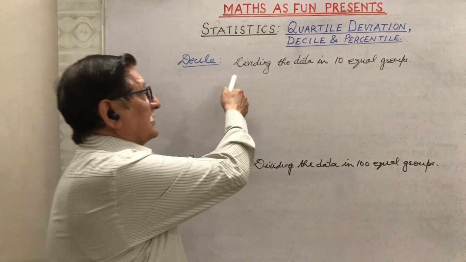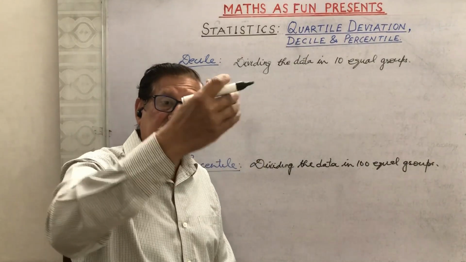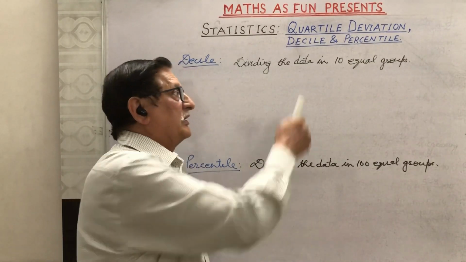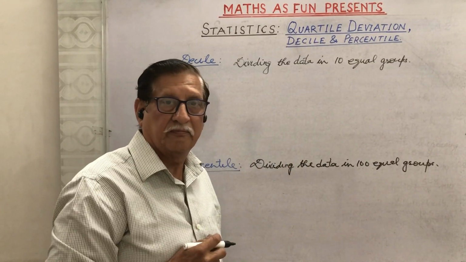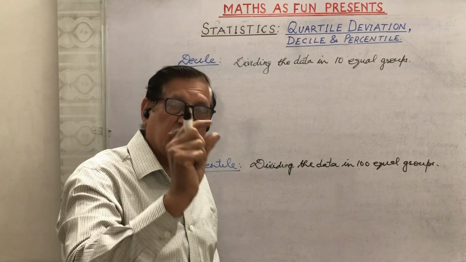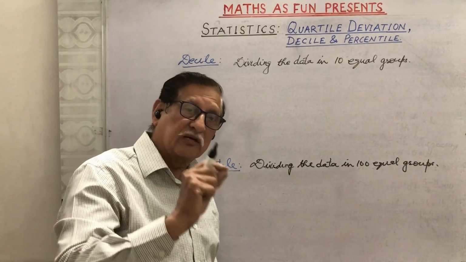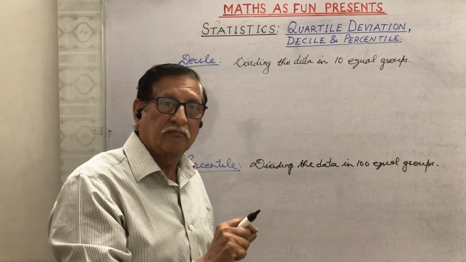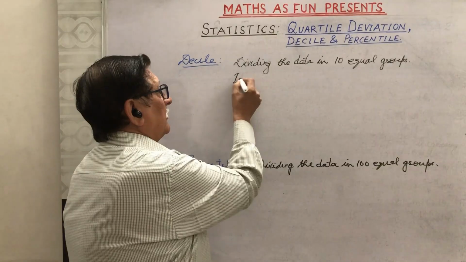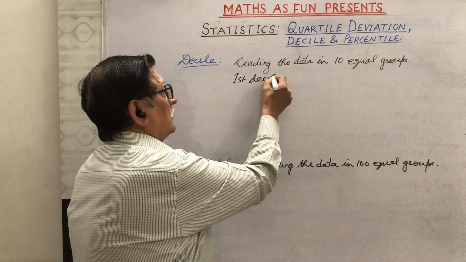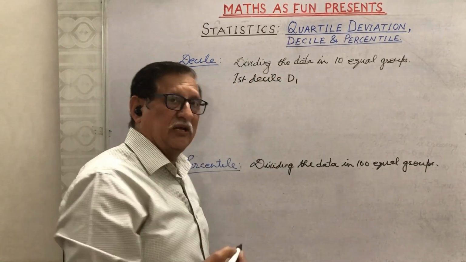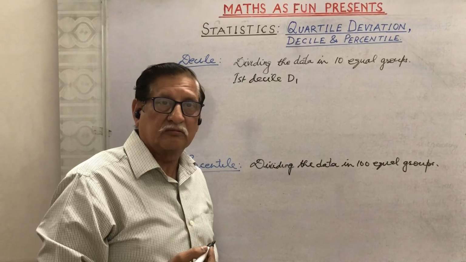Similarly, if we divide the given data, when we arrange them in the ascending order, in 10 equal groups, then the first one is known as the first decile, second one second decile, and so on. And the first decile is represented by D1, second by D2, and so on.